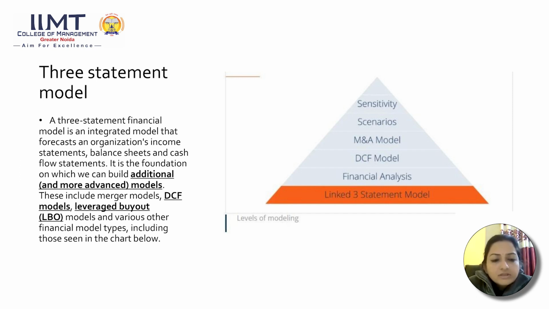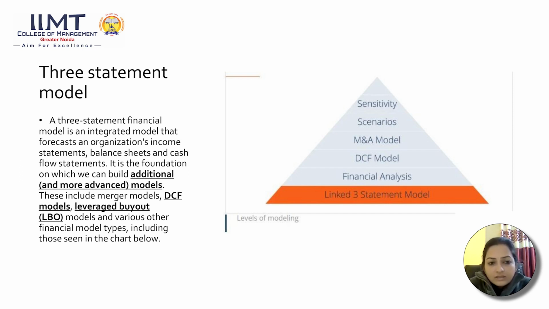So the three statement model connects these three, the income statement, balance sheet, and cash flow statement, in that format. When any change occurs in the income statement, that impact we can see in the balance sheet, and similarly we can see the impact on the cash flow statement.